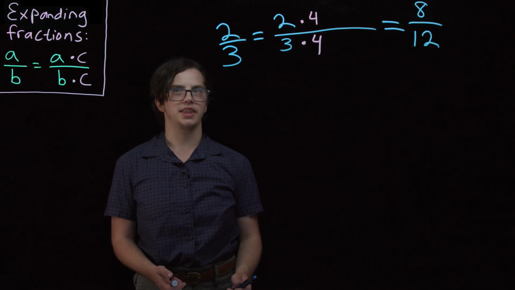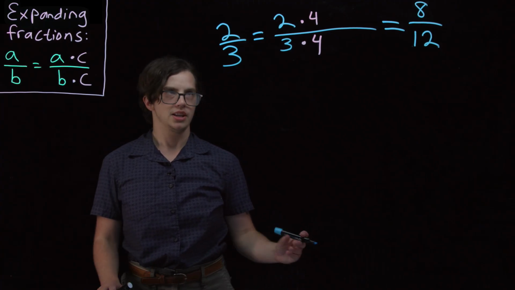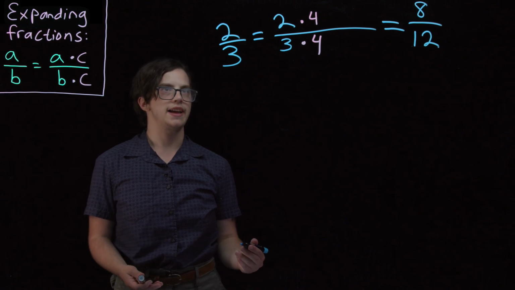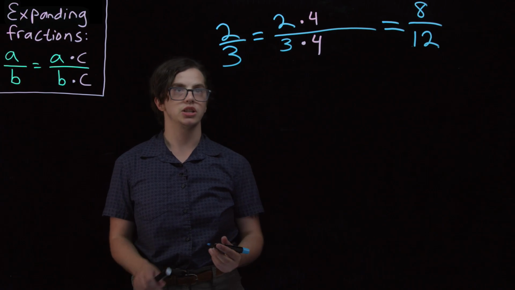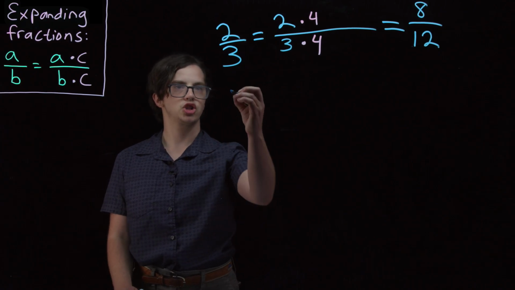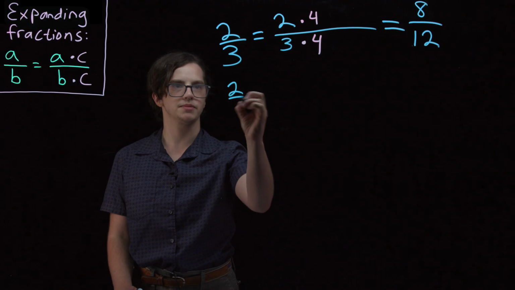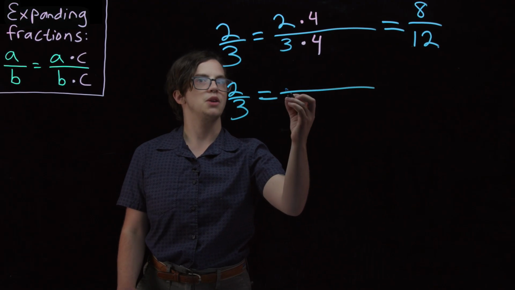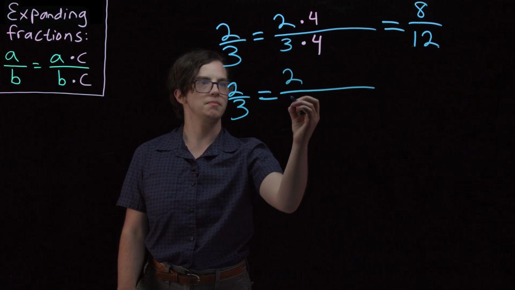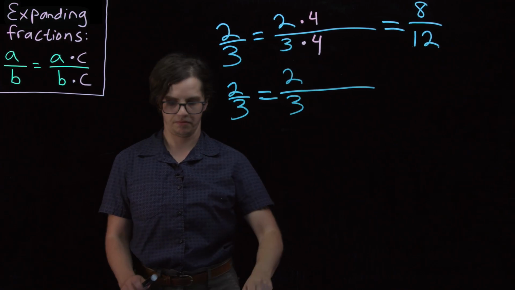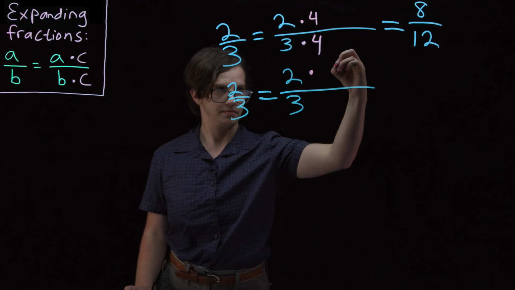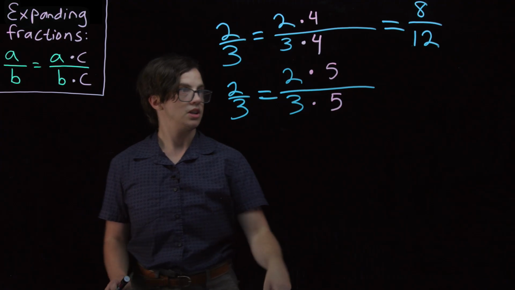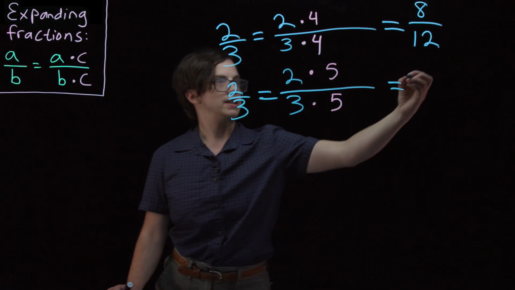We can do this with any number. So there's nothing special about the number 4. So if I wanted to multiply them by 5, I could do the same thing and get a different denominator. So I'll take my fraction 2/3, and I will multiply my numerator and my denominator by 5. 2 times 5 is 10.